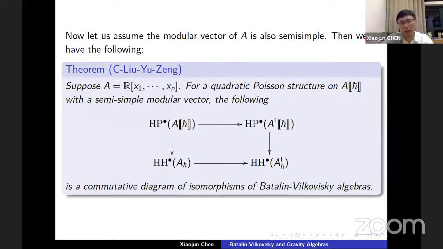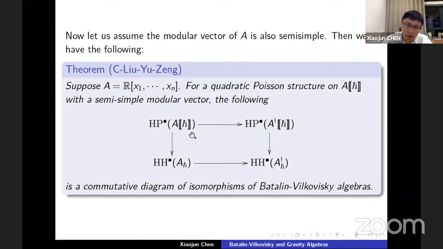So now you see as an application to this theorem, we have the following result. Assume that the modular vector of A is semi-simple. Then we have the following result. You see, here we have a commutative diagram of isomorphisms of BV algebras.